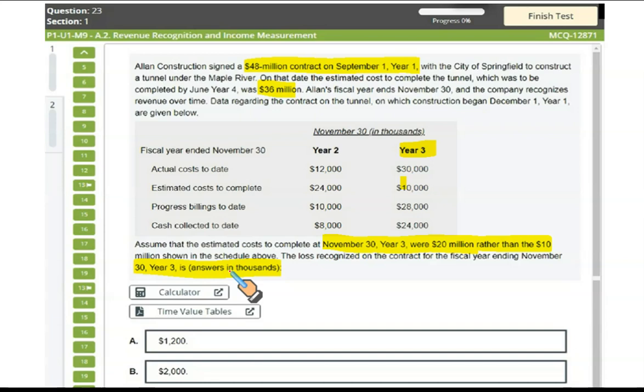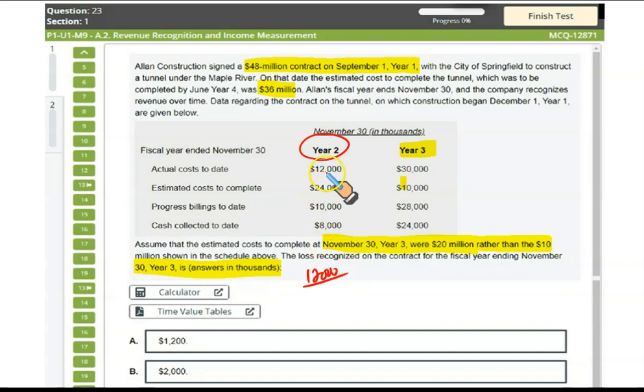So what you should do, first you need to find out how much gross profit we recognize in year 2. Look at this. In year 2, we incurred an actual cost of $12,000, and $24,000 cost still needs to be incurred. In fact, this is 12 million incurred so far, and 24 million more required.